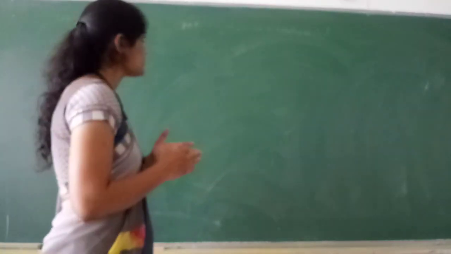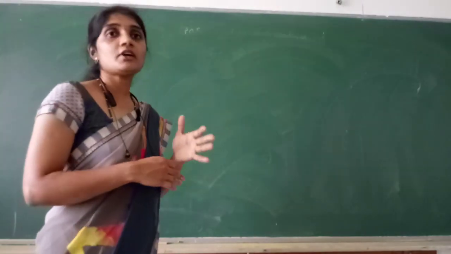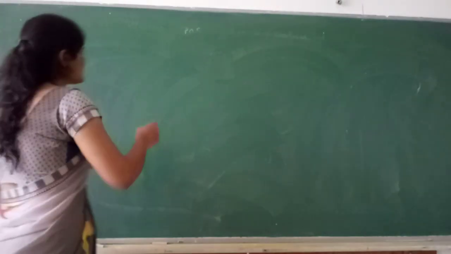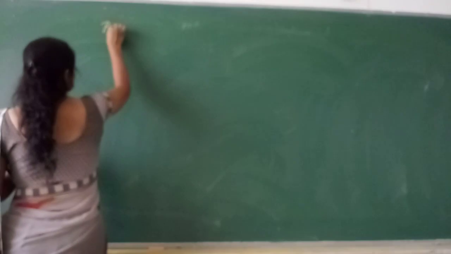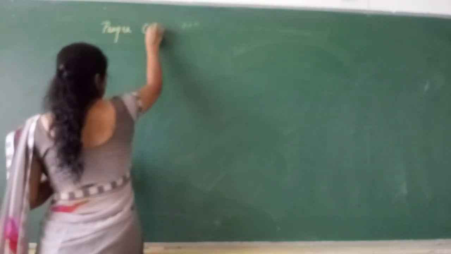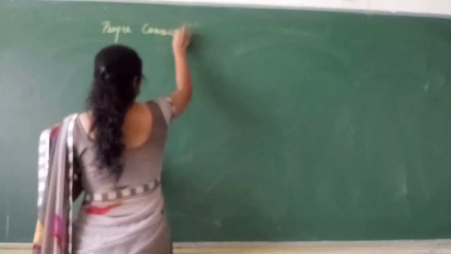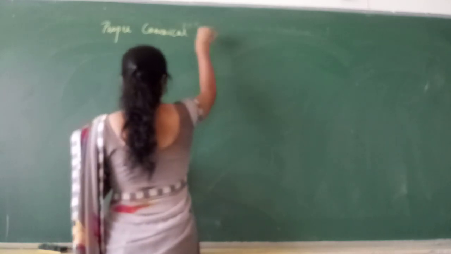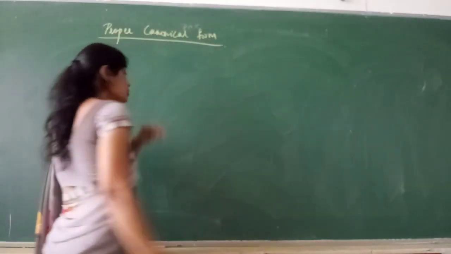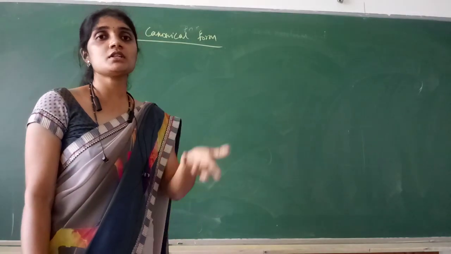The problem is, place the following equations into proper canonical form. How to place these equations into proper canonical form? You know what is canonical form? If the equation is not in canonical form, how do we write the same equation in the proper canonical form? That is what we are going to discuss now.